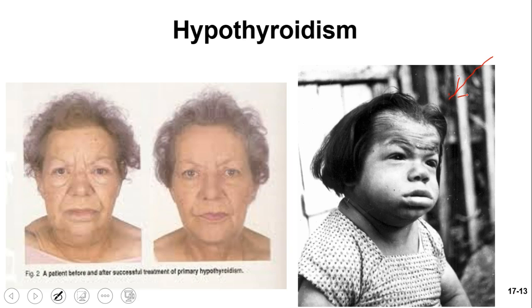The child is a dwarf, mentally retarded, and has physical deformities, and you notice there's an interesting shape to the face here. Okay. So that's what happens when you have hypothyroidism during development.